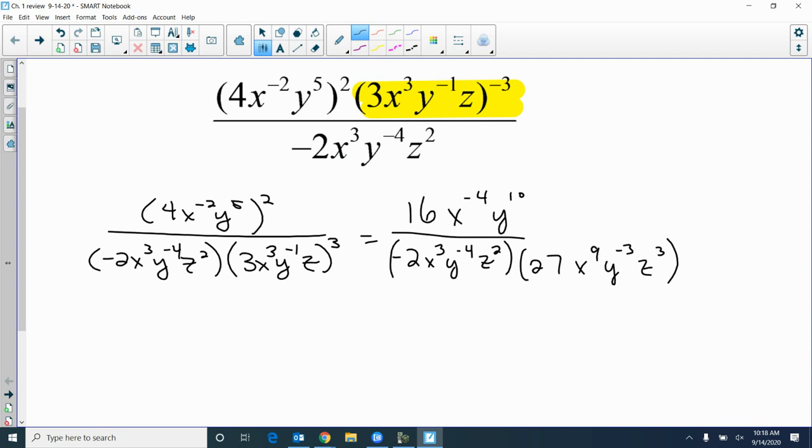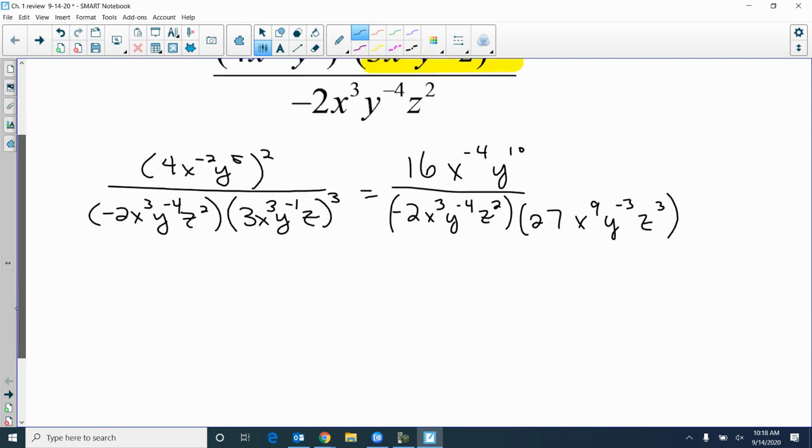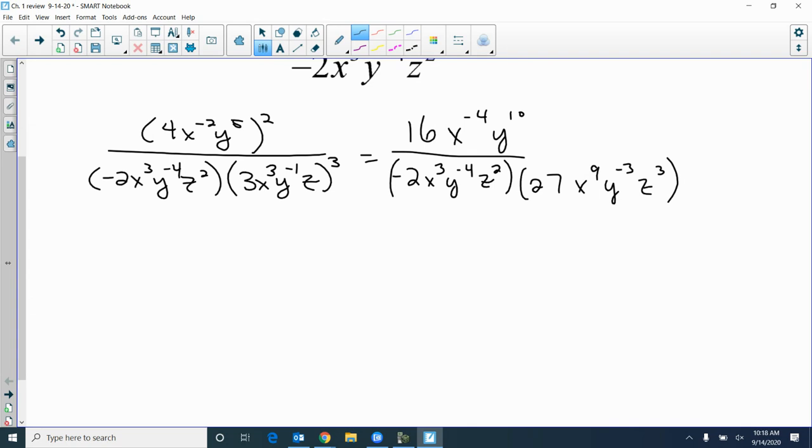Multiply these two together just to get the powers here. So I got 16, x to the -4th, y to the 10th. -2 times 27 is -54, x to the 12th, y to the -7th, and z to the 5th.